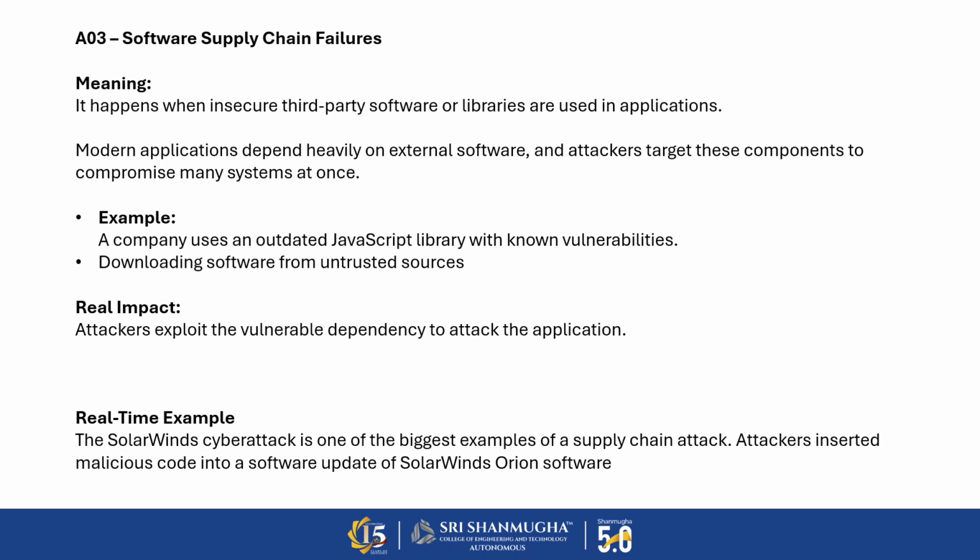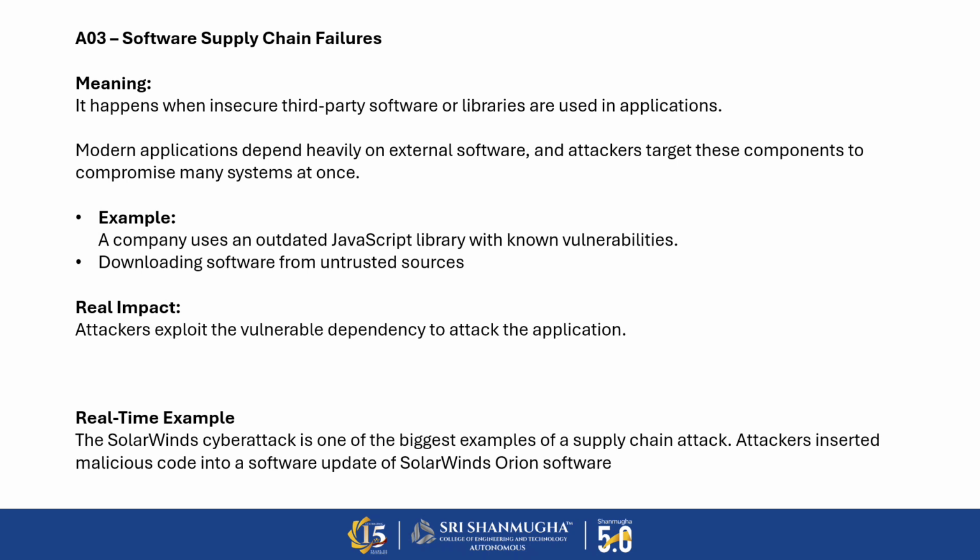Then the attacker may get in using this vulnerability and inject malware, and while we are downloading and installing the app, our system gets corrupted, or he may access our username and password. So downloading software from untrusted sources is also an example of software supply chain failure.